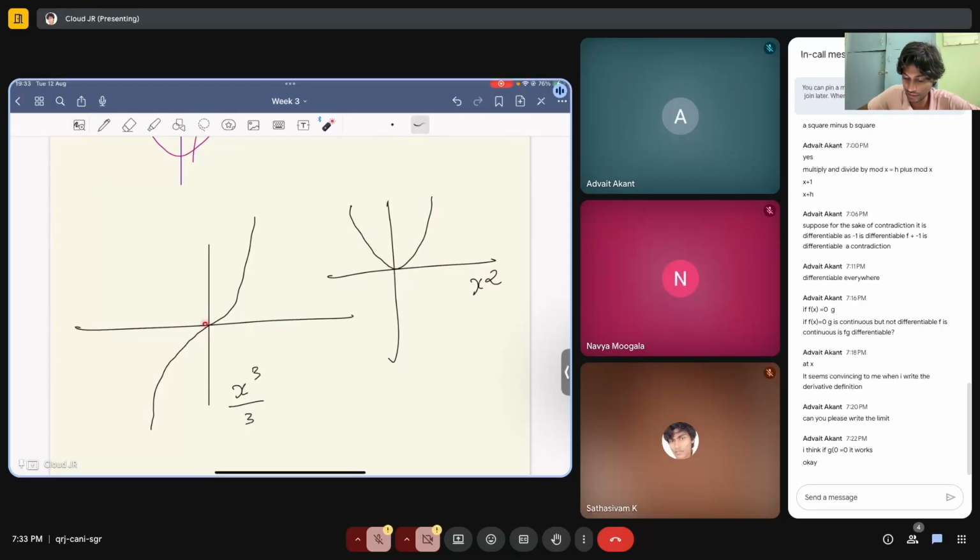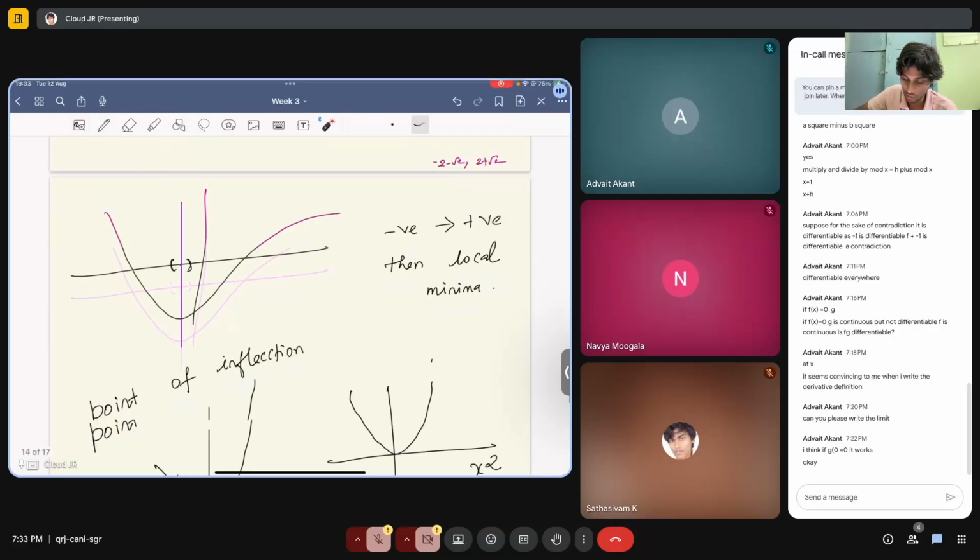Such a point exists, and this point is called a point of inflection, because there is something a little bit kind of happening here. I will tell you what a point of inflection is, but let's go back here.